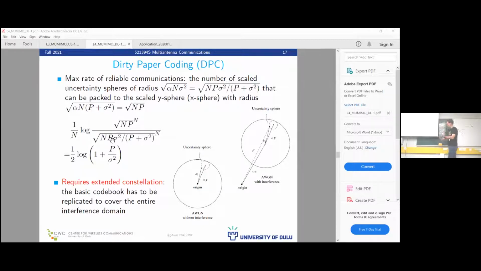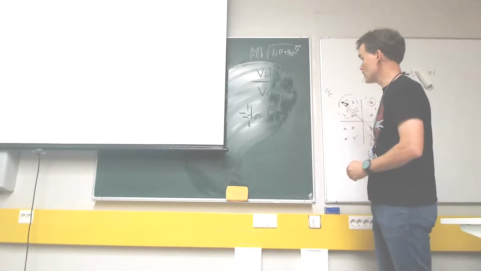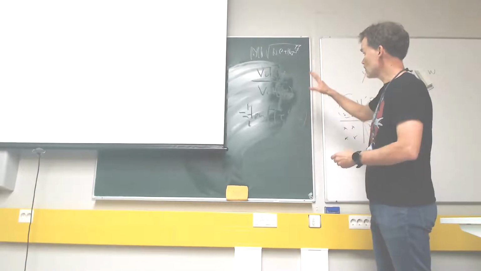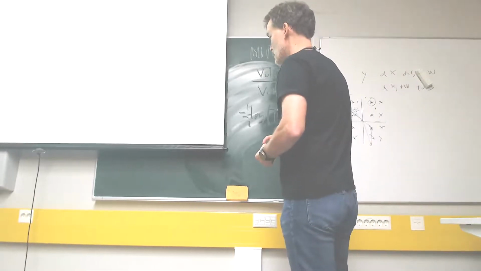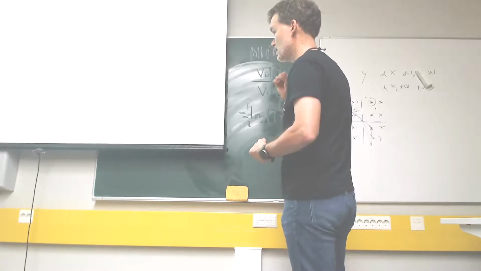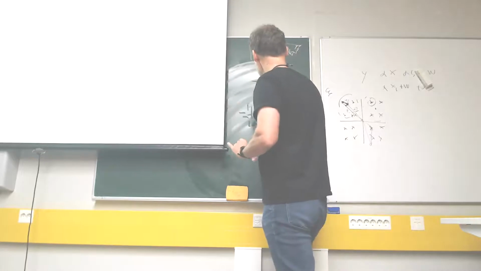It's expressed in bits, and we get this half log 1 plus SNR, right? And that's okay when we don't have any interference, the so-called nearest symbol decoding approach, assuming alpha equals 1.